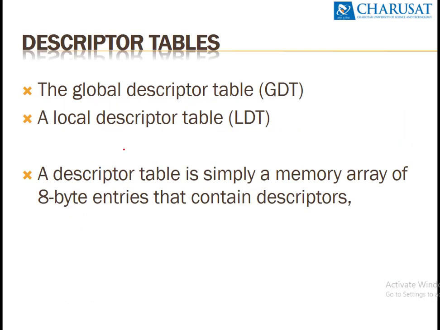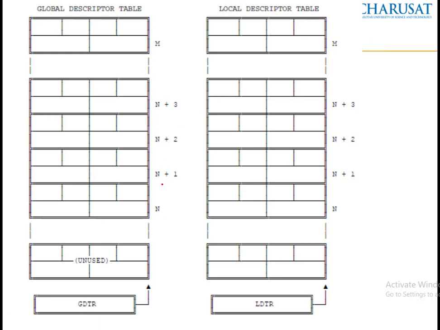There are two types of tables available: the global descriptor table and the local descriptor table. A descriptor table is simply a memory array of 8-byte entries. 8 bytes means 64 bits in length that contain descriptors. This is a pictorial diagram of the GDT and LDT. Both are similar, but the tables are different, meaning they occupy different memory space. The GDT and LDT are not part of the microprocessor, they are part of memory.